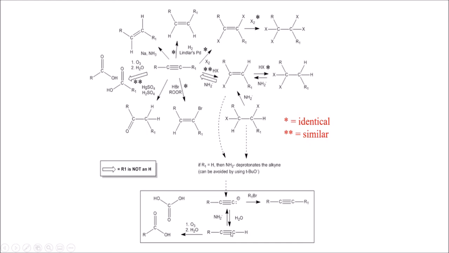Remember that if you made the alkyne using sodium amide, then you will deprotonate that alkyne to make an alkynide ion that can then react with an alkyl bromide to build a carbon-carbon bond. This was one of the first reactions we looked at today, where this has to be a methyl or a primary alkyl halide. It doesn't necessarily need to be a bromide. I should change that for just a generic halogen right there. So this right here is a summary of all of the chemistry that we saw for alkynes.